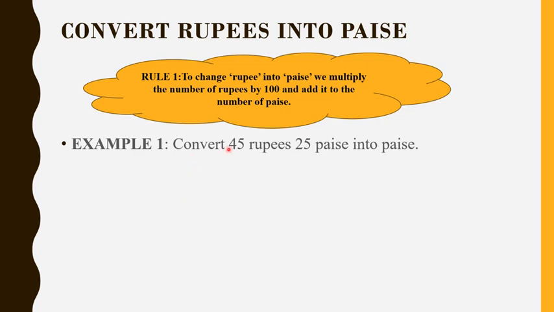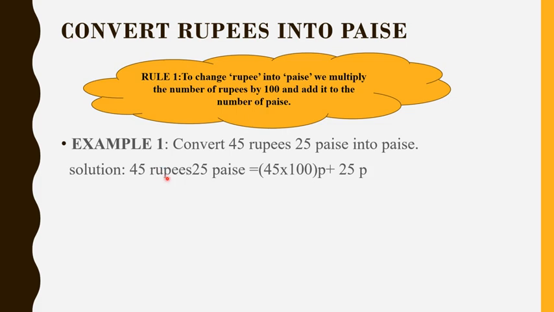The question is, convert 45 rupees 25 paise into paise. This 25 is already paise, but 45 rupees is not in paise. So you have to convert this complete amount into paise. The rule is to multiply the number of rupees by 100.